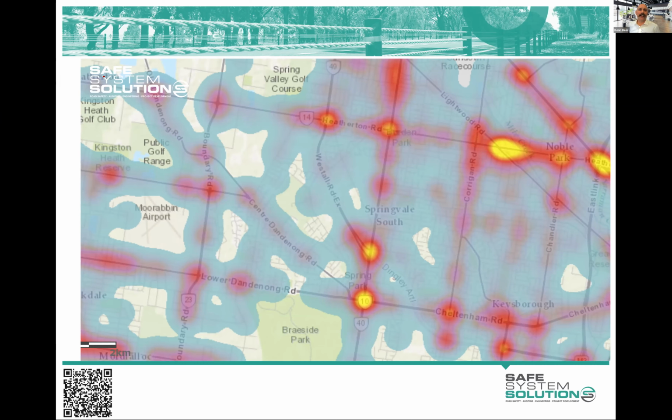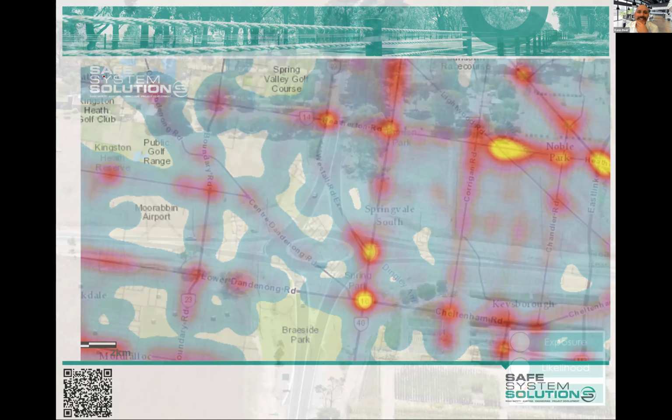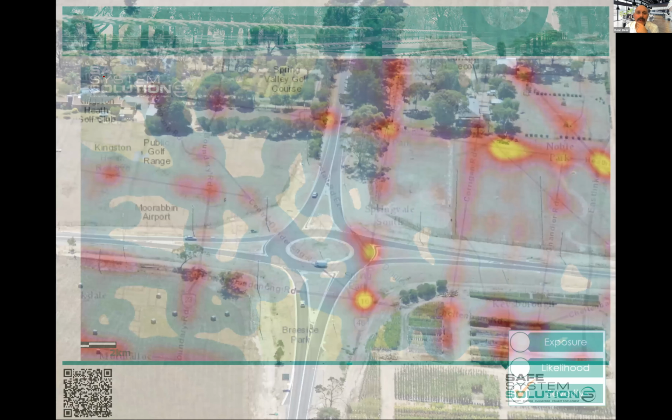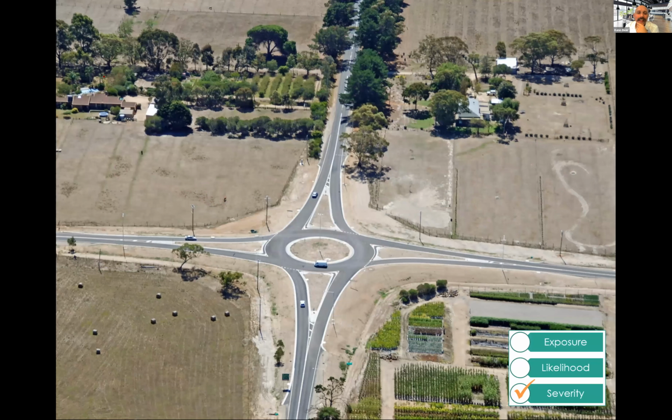Interestingly, with roundabouts, it's a bit of a different story. What we see with roundabouts is people slow down. They look around. The angle of crashes, if they happen, is better.